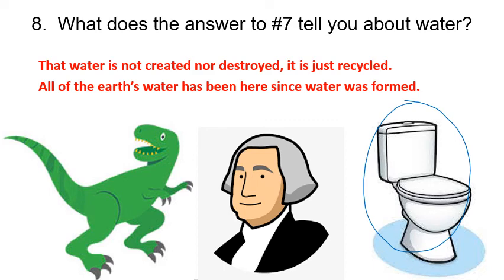So after you flush a toilet, the water part that's in your toilet will wind right back up in the Chattahoochee River. And the Chattahoochee River flows downhill. People in Columbus, Georgia get their water from the Chattahoochee River after we've used it. So if you want to think about it this way, people in Columbus, Georgia are drinking our pee. Well, it's not really that gross as it sounds because it's not really pee. It's just recycling the water part.